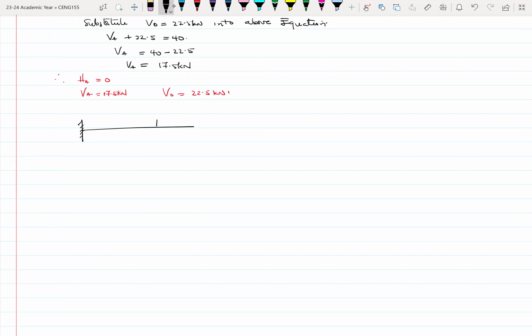It has some UDL on the ends. The height of that UDL is 2 kilonewtons per meter. And these are the divisions for the length.